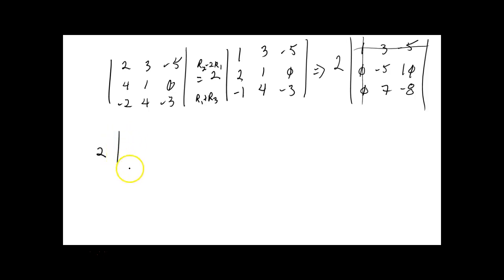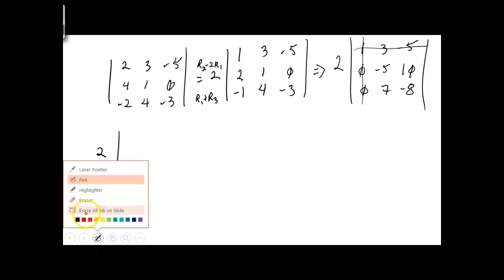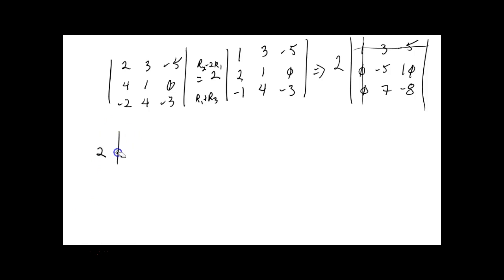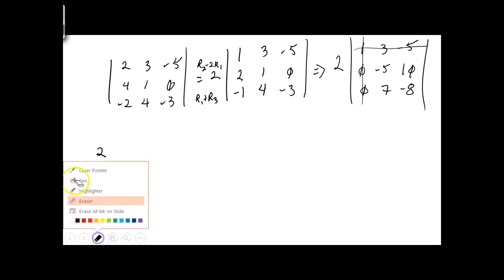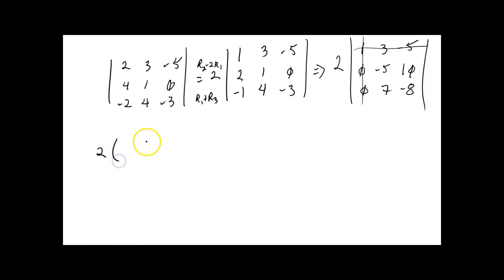So I think I'll change this to a parentheses here. 1 times, and then this is 40 minus 70 is 2 times a negative 30, which is negative 60.